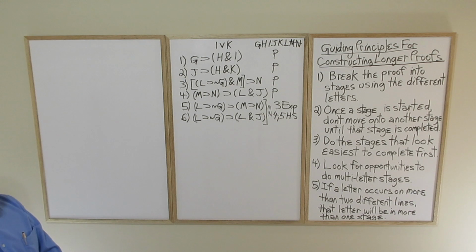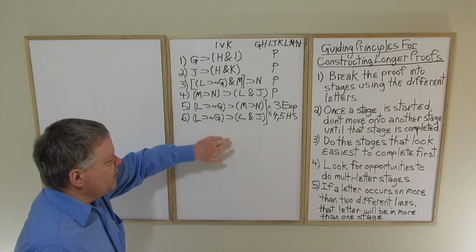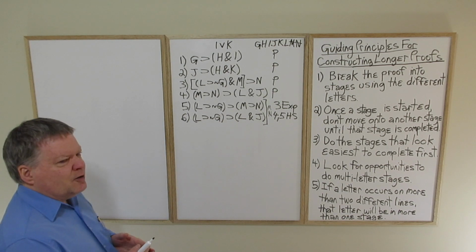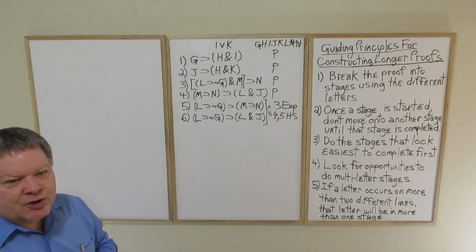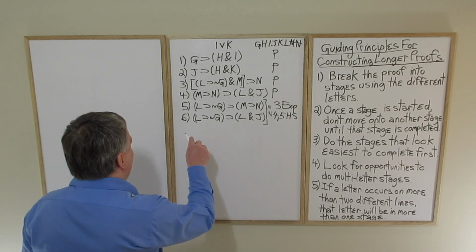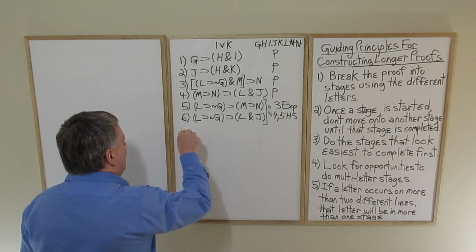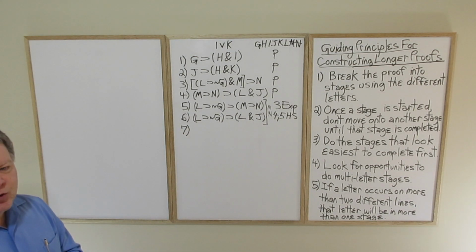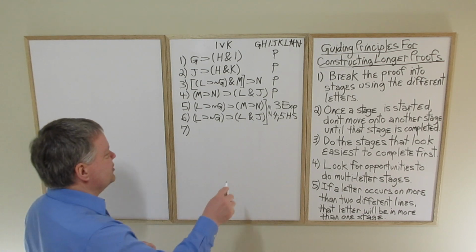How are we going to do that? Well, we need to do a distribution. In order to do a distribution, we need to take the information we have and set it up into one of the distribution templates. So it's either going to be a conjunction or a disjunction. Since it's a conditional, it's going to be a disjunction.